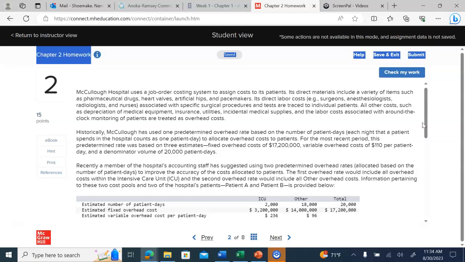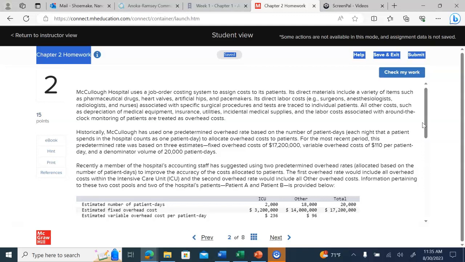Historically, Macaulay has used one predetermined overhead rate based on the number of patient days. Each night that a patient spends in the hospital counts as one patient day. To allocate overhead costs to patients, for the most recent period, this predetermined rate was based on 3 estimates: fixed overhead costs of $17,200,000, variable overhead cost of $110 per patient day, and a denominator volume of 20,000 patient days. Recently, a member of the hospital's accounting staff has suggested using 2 predetermined overhead rates, allocated based on the number of patient days to improve the accuracy of the costs allocated to patients.